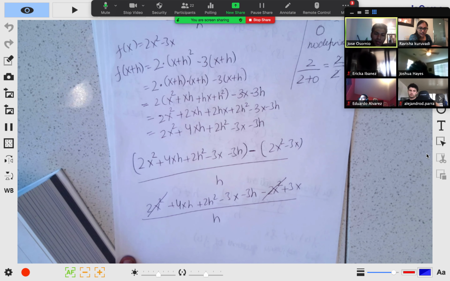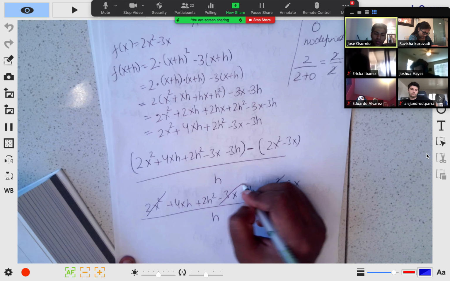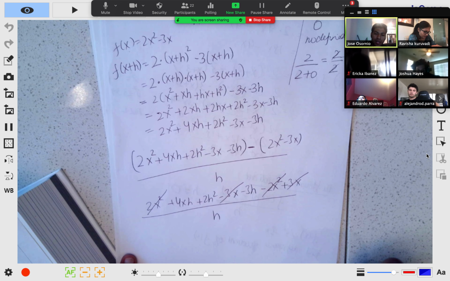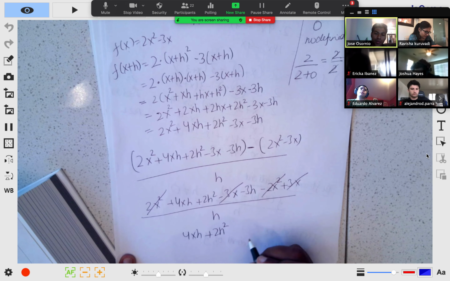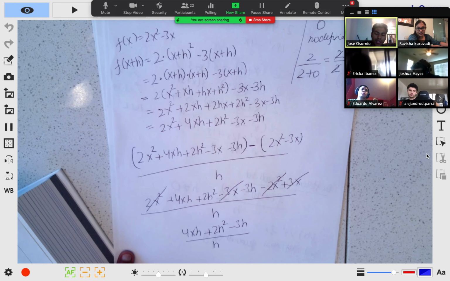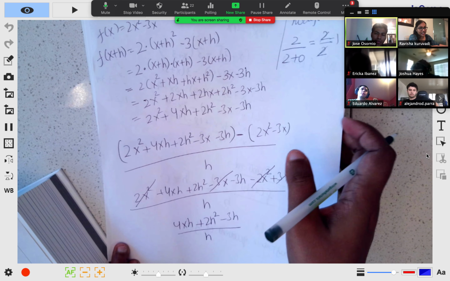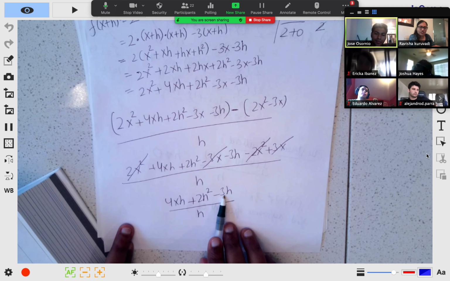Then what else are the like terms? Negative 3x and plus 3x. They cancel. So you're left with 4xh plus 2h squared minus 3h over h. Yes. And then I'm pretty sure you can take out the h. Yes, exactly. From all these three terms, see on the top, note this is not your answer.